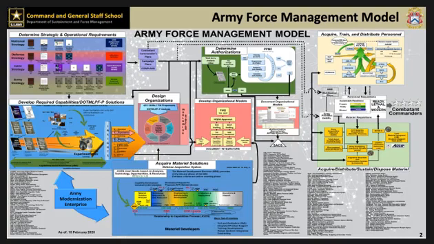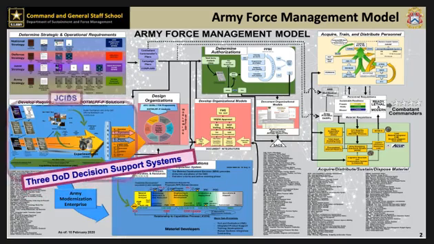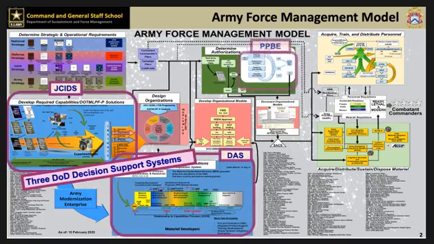Let's see where we are on the Army Force Management Model. You have already been introduced to the 3 decision support systems for the Army Force Management Model. We discussed JSIDs in F102 and DAS in F103. We will talk about PPBE in F107.